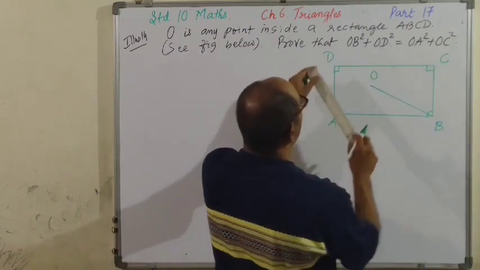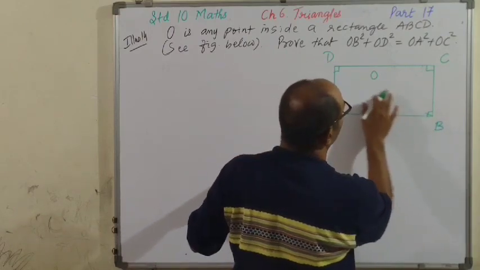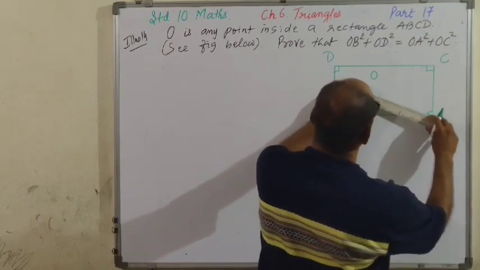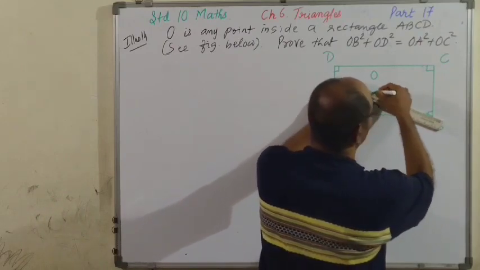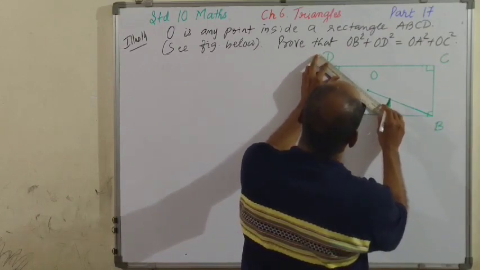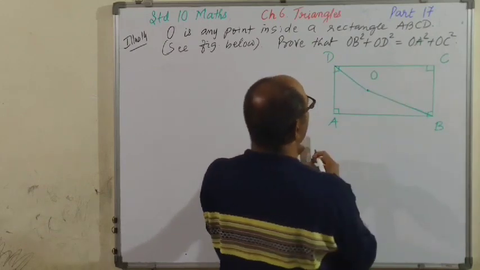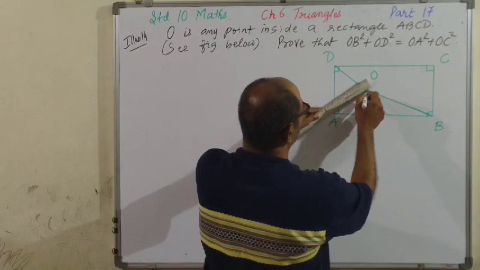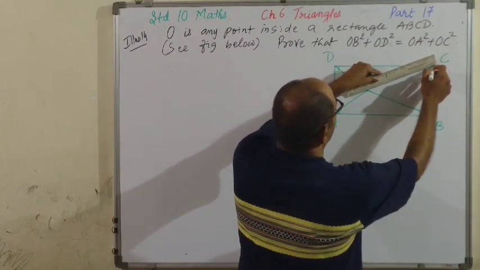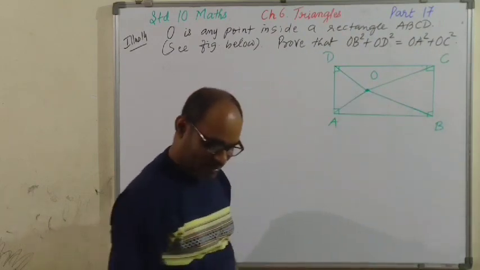Plus OD square, that is this one. Children, I will take this point a little bit here so that they are not straight lines. OB square plus OD square is equal to OA square plus OC square. This is OA. Okay, this is point O.